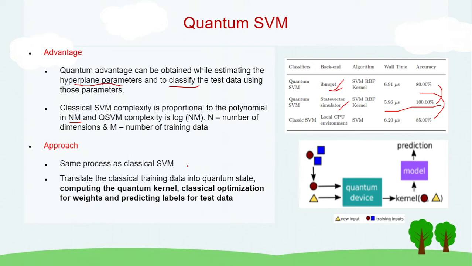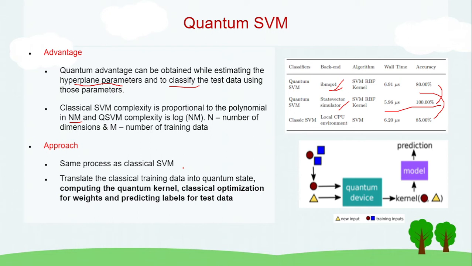The approach is the same as classical SVM. Actually, there is nothing like a new quantum algorithm for doing classification. It is exactly the same. In fact, most machine learning problems just follow the same steps, except maybe a few people doing research on totally new algorithms, for example neural networks or any other way.